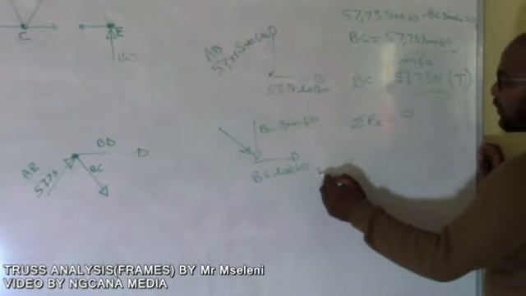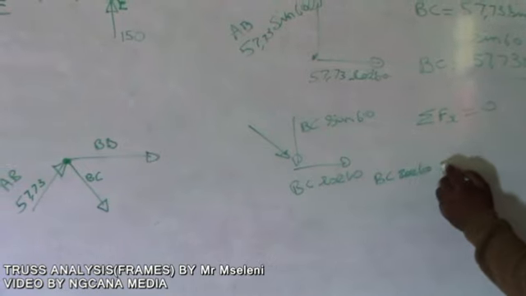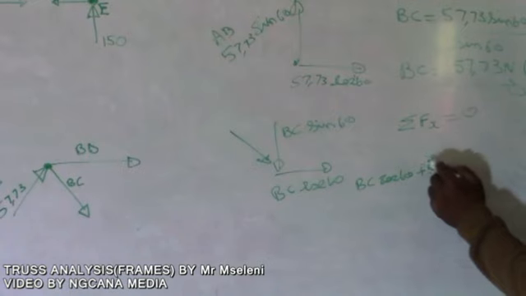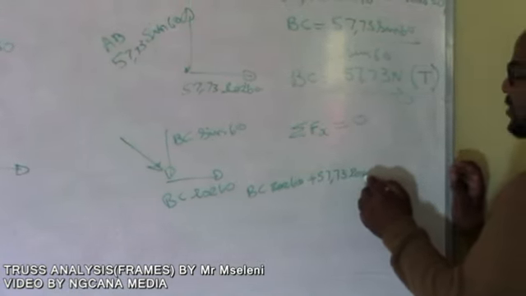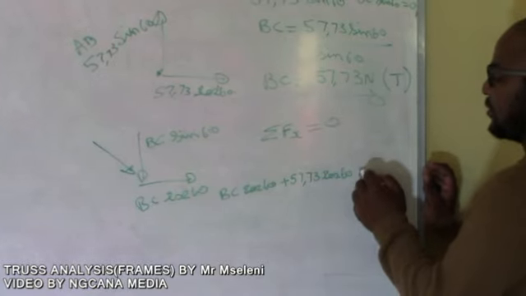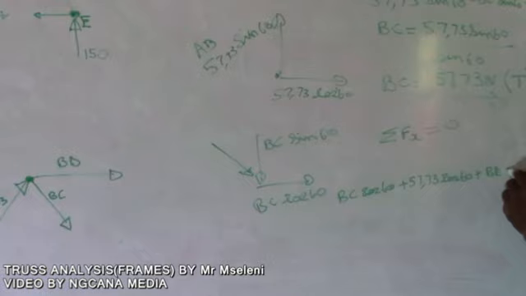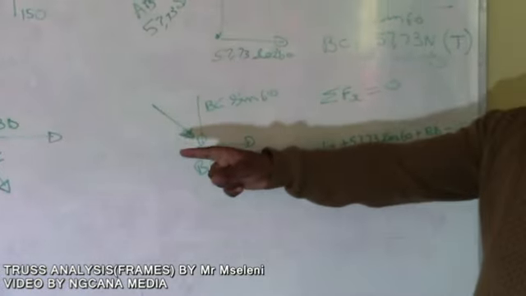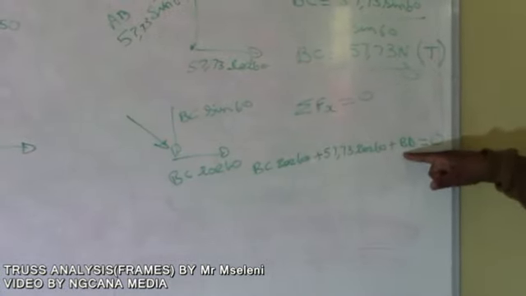Therefore, you're going to have your BC cos 60 plus 57.73 cos 60 plus BD equals 0. It simply means that all your forces in that direction are going to the right, so you simply calculate for BD.